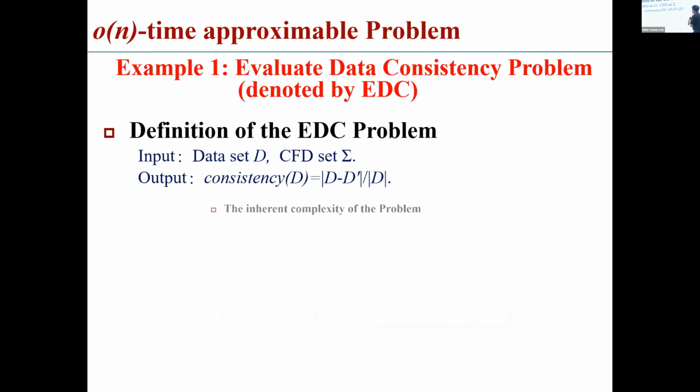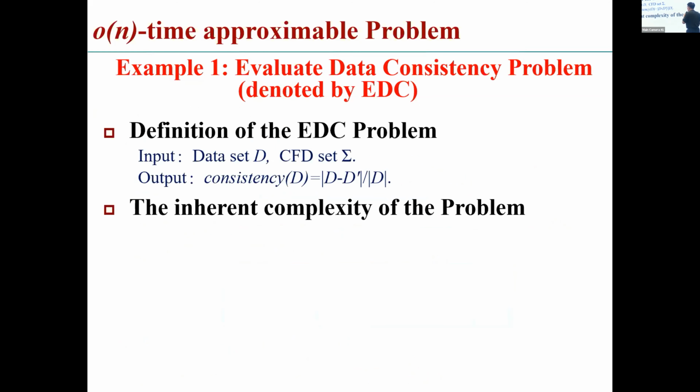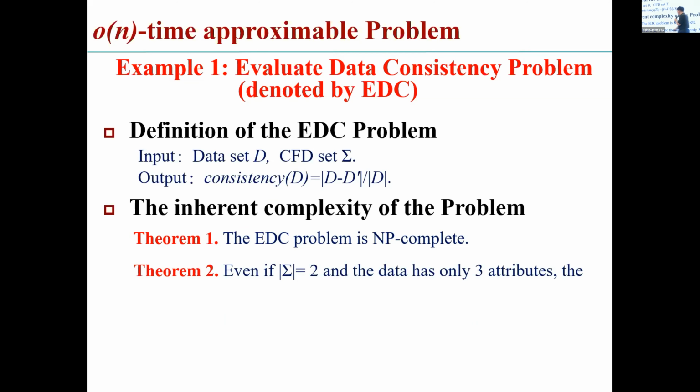So the inherent complexity of the problem is like this. The problem is NP-complete. And even if sigma has only 2 rules and the data has only 3 attributes, the problem is still NP-complete.